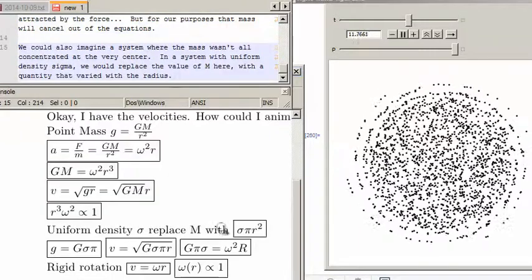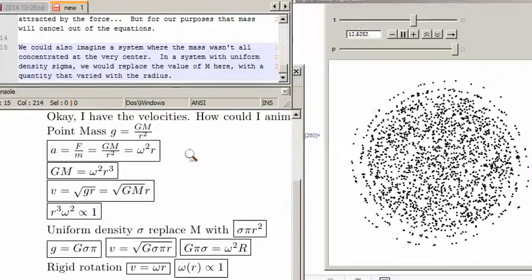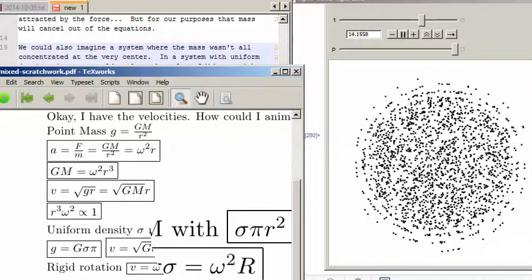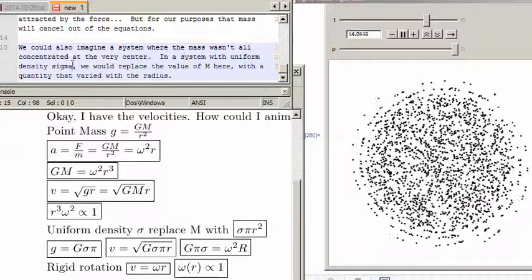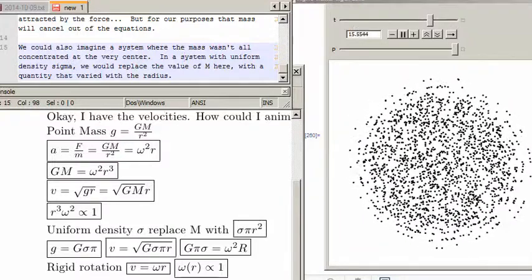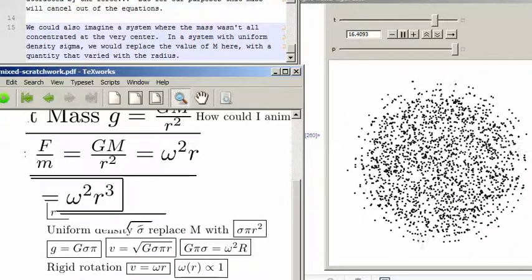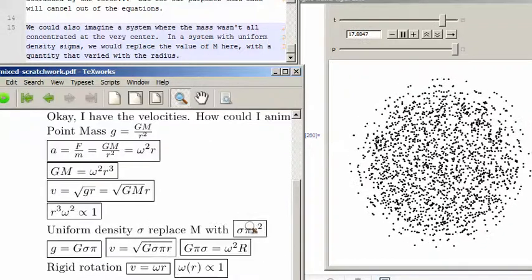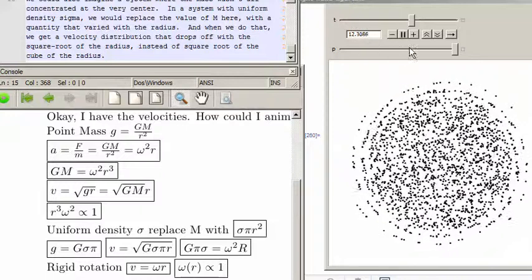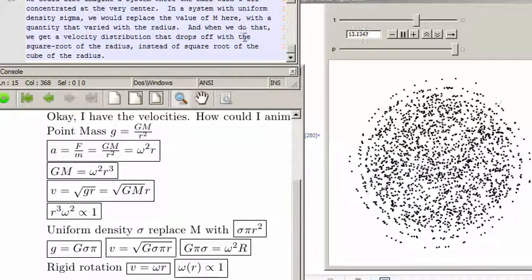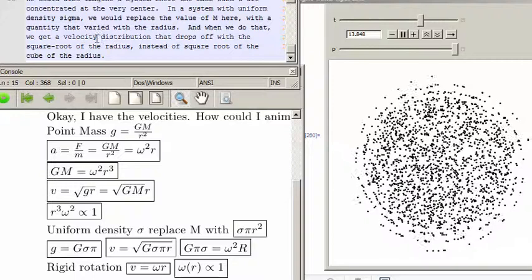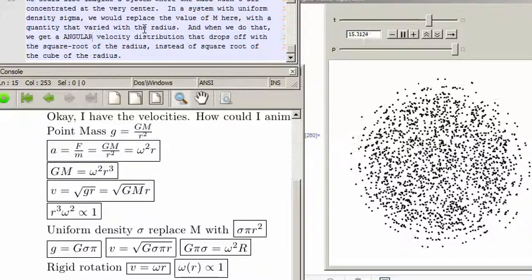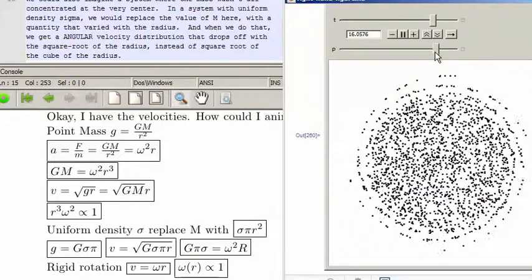We could also imagine a system where the mass wasn't all concentrated at the very center. In a system with uniform density, sigma, we would replace the value of m here with a quantity that varied with the radius, sigma pi r squared. And when we do that, we get a velocity distribution, actually an angular velocity distribution, that drops off with the square root of the radius instead of the square root of the cube of the radius.